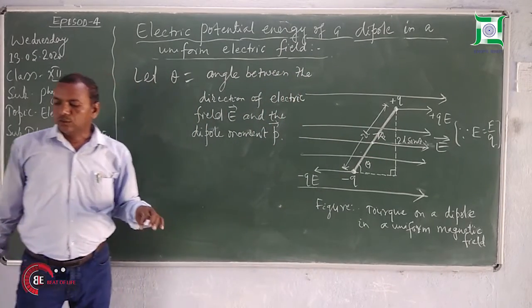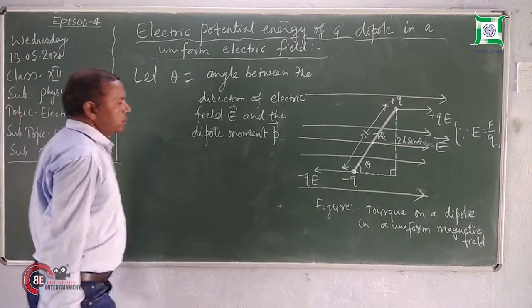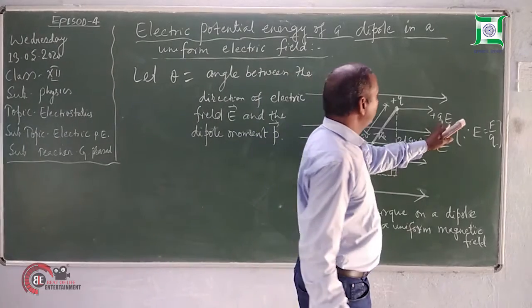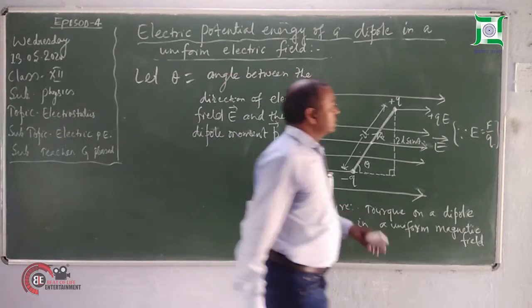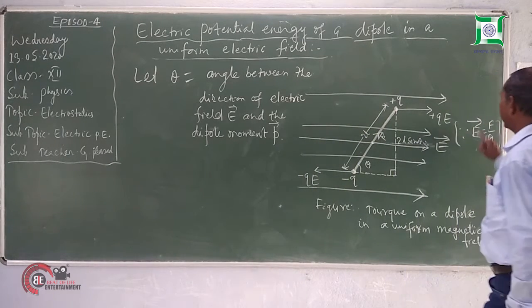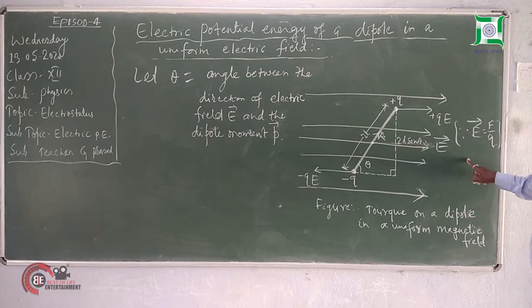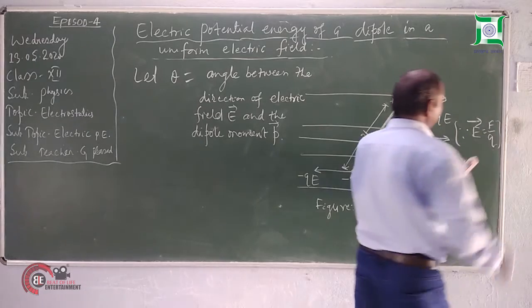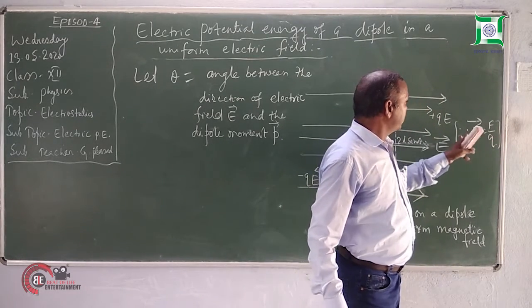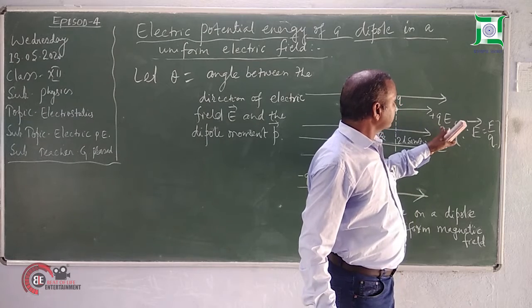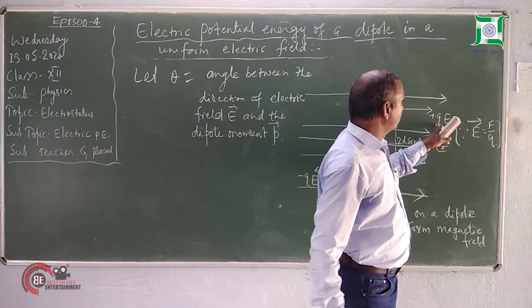Okay. Next, we have written here plus QE and minus QE. As we know that electric field intensity is defined as the force per unit test charge Q, force acting on per unit test charge Q. So from this definition, this expression of electric field intensity, we have written here F force is equal to plus QE.